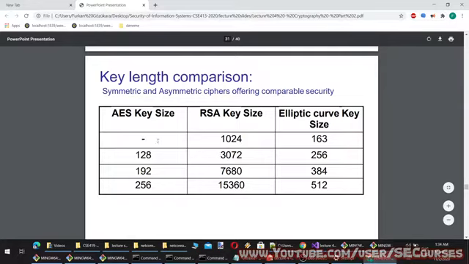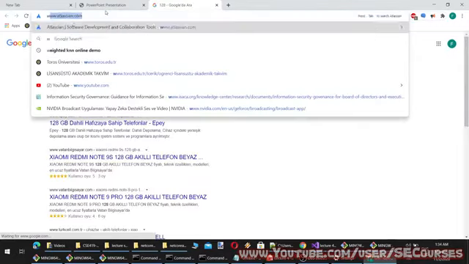Therefore, this would not be secure. As you can see, AES doesn't provide a non-secure key size. And with an AES key size of 128, we obtain a 3000 RSA key size, which is pretty secure, and elliptic curve 256. So AES is also a lot used.